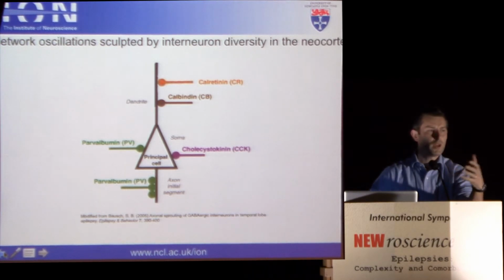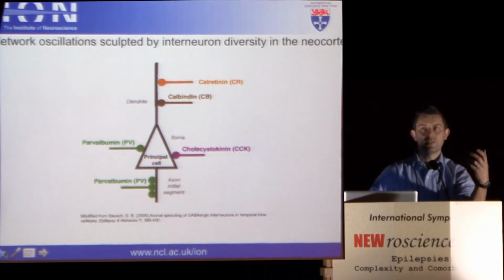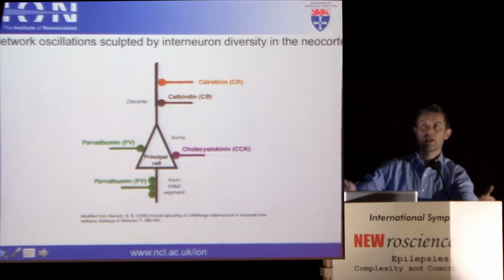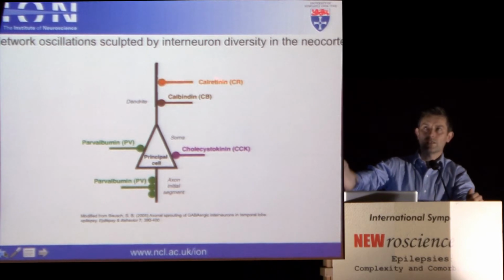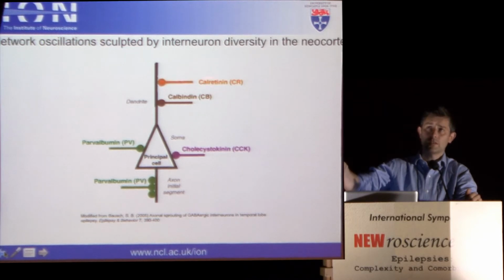So we have this very wide array of different types of interneurons classed on their neurochemistry, on their electrophysiology, and on their postsynaptic targeting of the principal cells. Broadly speaking, they can be classified quite well on the basis of this neurochemistry, in particular the calcium binding proteins that they express. So we have the parvalbumin containing interneurons, which target the perisomatic region.